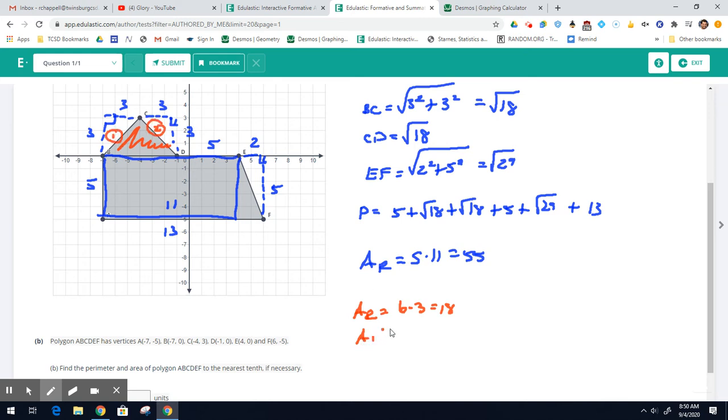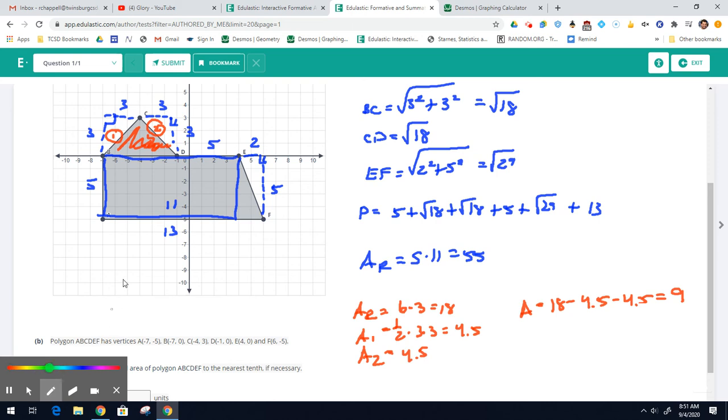So the area of triangle 1 is 1/2 of 3 times 3, which is half of 9, which is 4.5. Because triangle 2 is built the same way here, it's also going to be 4.5. So the area of this red shaded area is going to be 18 minus 4.5 minus 4.5. That's going to be 9.